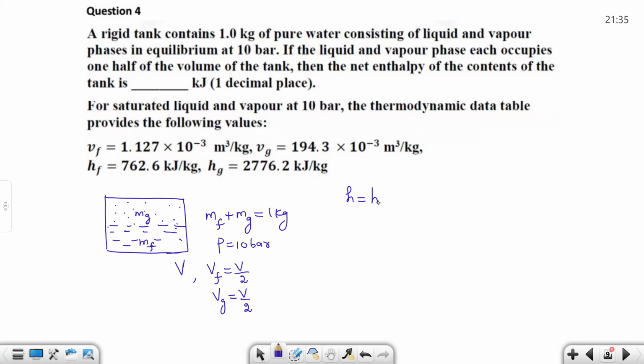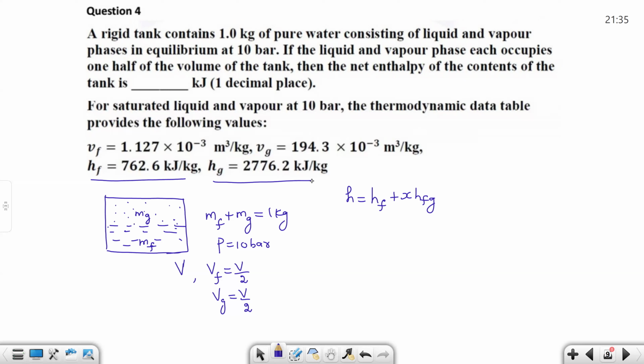Maybe first you will get the enthalpy in kilojoule per kilogram, and then multiply by the mass. This will give you net enthalpy, but we need the dryness fraction. You are given Hf and Hg. Knowing x, you can get Hfg.